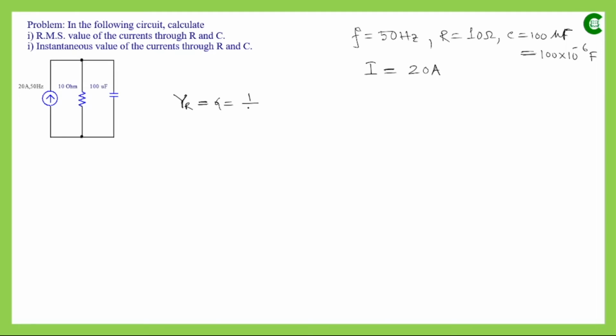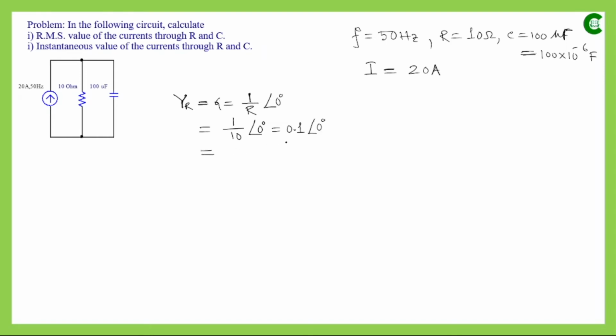That means it will be simply 1 by R, and since it is a resistive path, the phase angle will be 0 degree. So it will be 1 divided by 10, which is 0.1 at 0 degree.